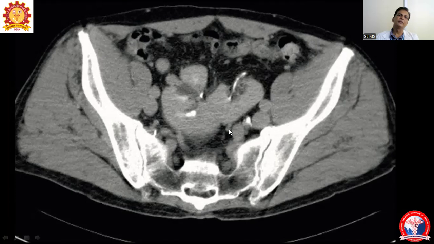This is almost in the pelvis, and a little bit distorted kidney. This kind of kidneys, ectopic kidneys, they are joined together. So these are all like pancake kidneys. What we are seeing dense here is because of contrast.